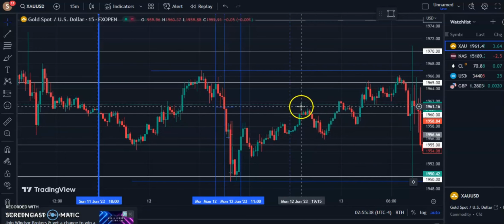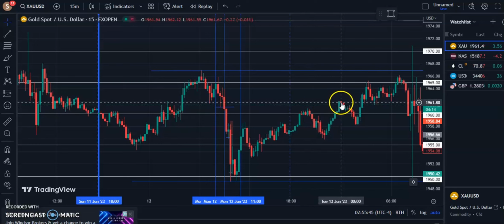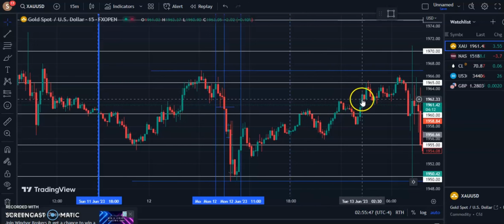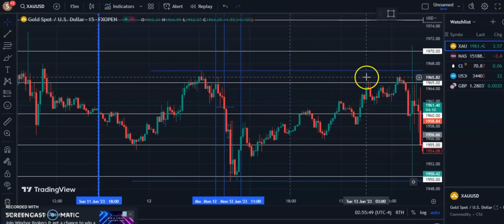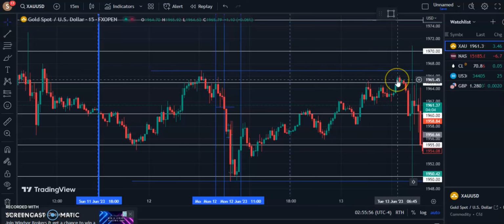We have the first high, which is the Asian high. And then in London, the market continued, well, it's range expansion. It expanded the range. Now we have our high of the day.